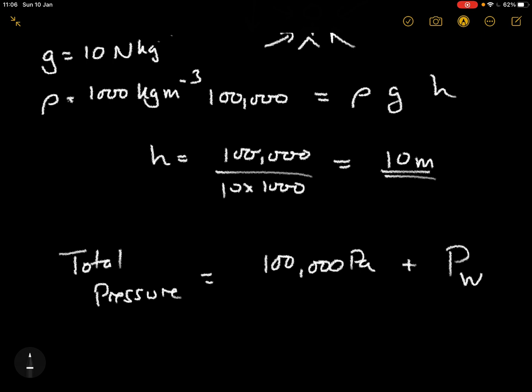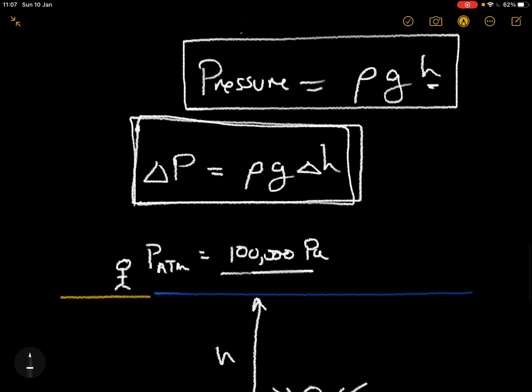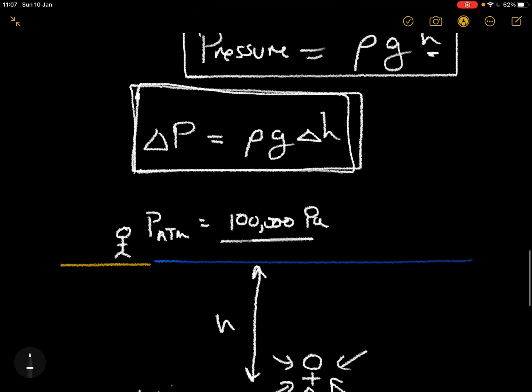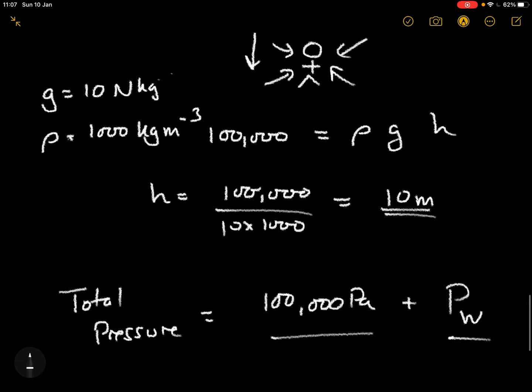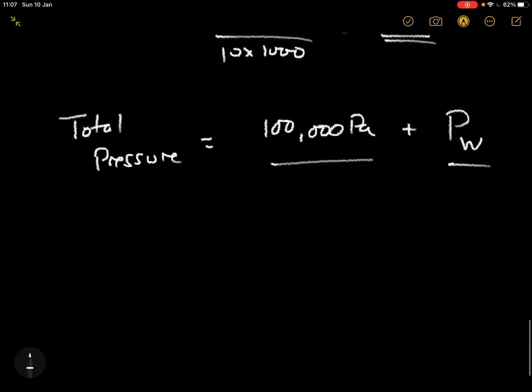So you would always add them together. If you're 10 meters down, you are experiencing 100,000 from the water and 100,000 from the air, so you're experiencing what we call 2 atmospheres. You go down 20 meters, you're at 3 atmospheres. But because that atmospheric pressure is always there, in terms of calculations we're often only interested in the change of pressure. That's why there's that delta there. The atmosphere is always there, so it's not terribly important.